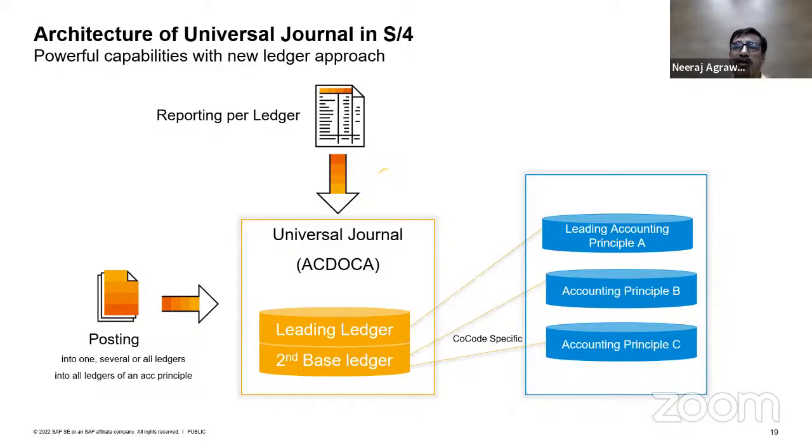You can have one ledger dedicated to that, one for IFRS, one for US GAAP, one for your local reporting, and so on. Or you can have specific ledgers for your tax reporting, where you can have some delta postings. This makes things a lot simpler. You have the data, and you can create reports based on the data available in those particular ledgers at any point of time.